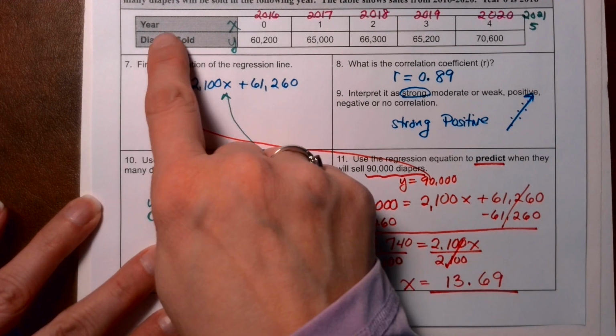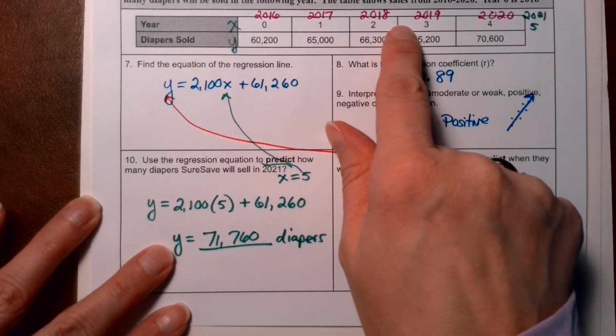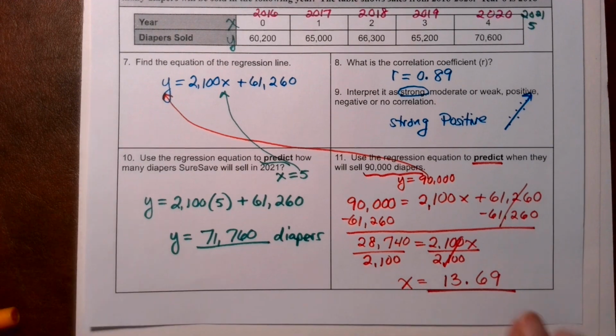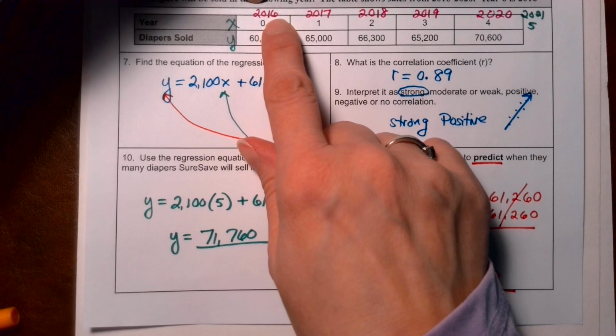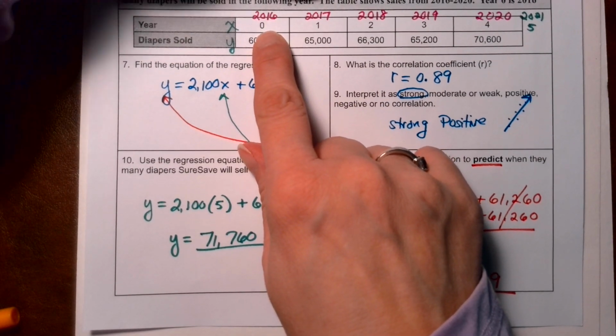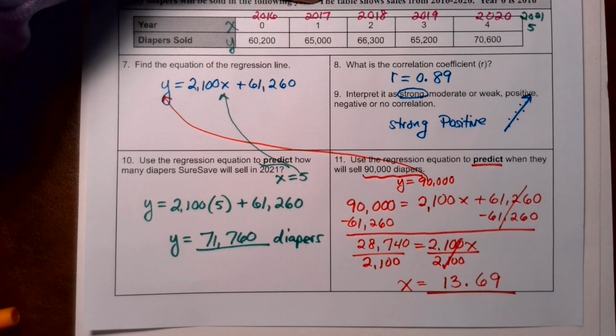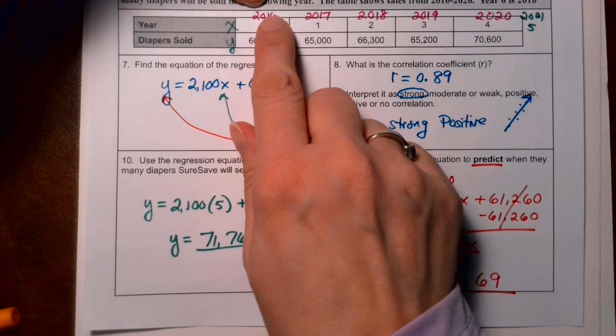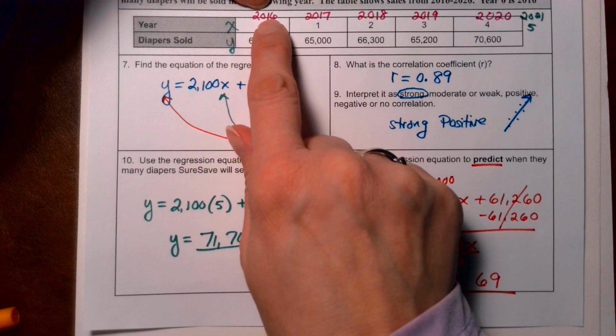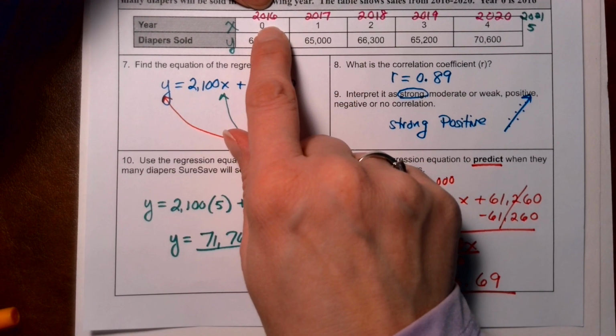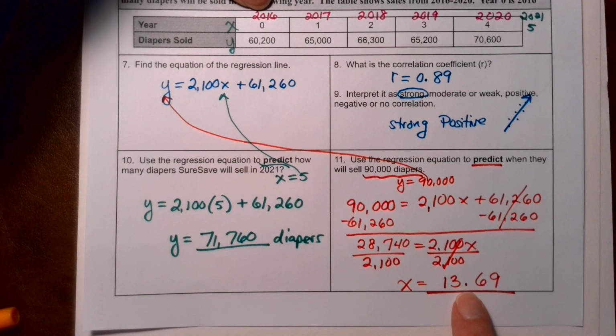So we have to tell people a year. 0 goes with 2016. 1 goes with 2017. So we have to add on to 2016 this X value.